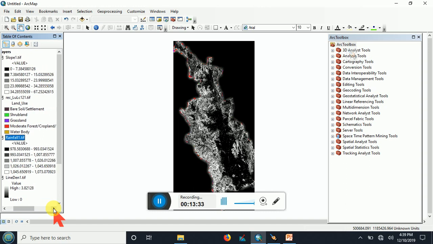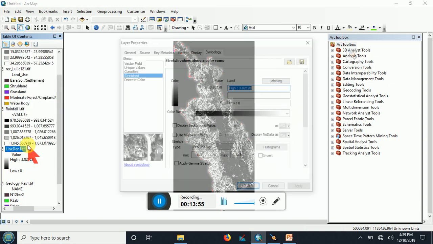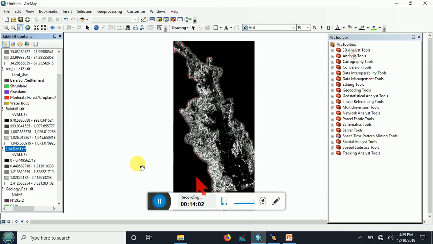That means the rainfall in millimeters from 978 to 993, and 1045 to 1073. So we will have 5 groups of rainfall, and do the same for alignment density. Right click on alignment density, go to properties, again classified, and 5 groups, that's okay. So apply, then okay.